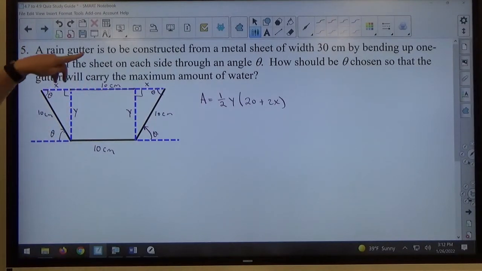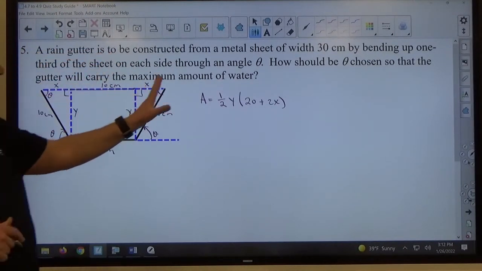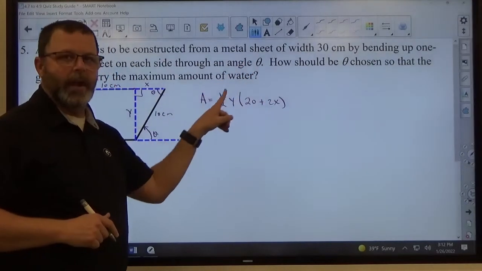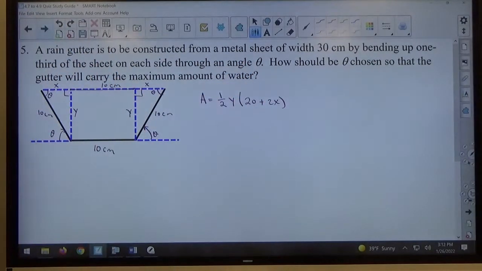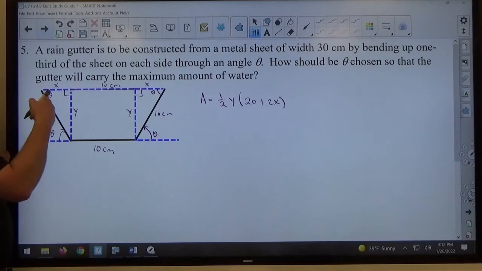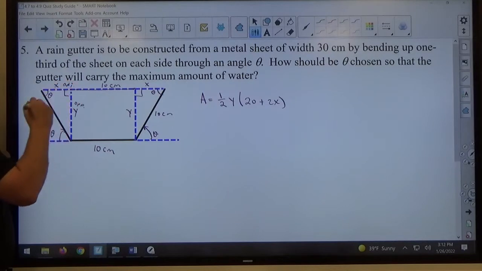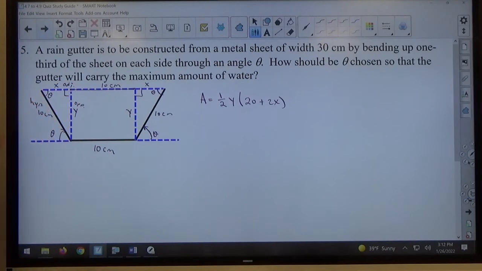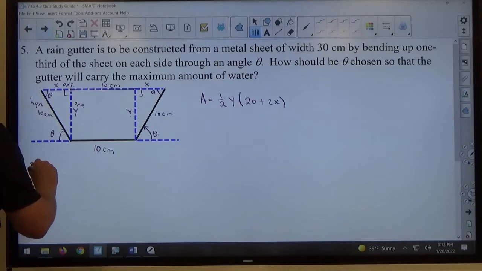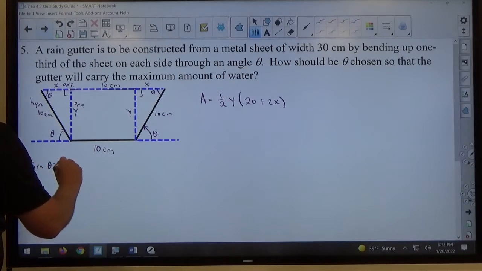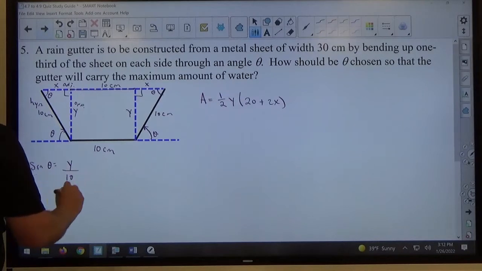I need to determine stuff about theta, so I need this to be all about theta, and right now it's about x and y. If I look at the right triangles created here, here's my angle theta up here, my acute angle. y is opposite the acute angle, x is adjacent, and 10 is the hypotenuse. So using SOHCAHTOA, sine of theta equals opposite y over hypotenuse 10.